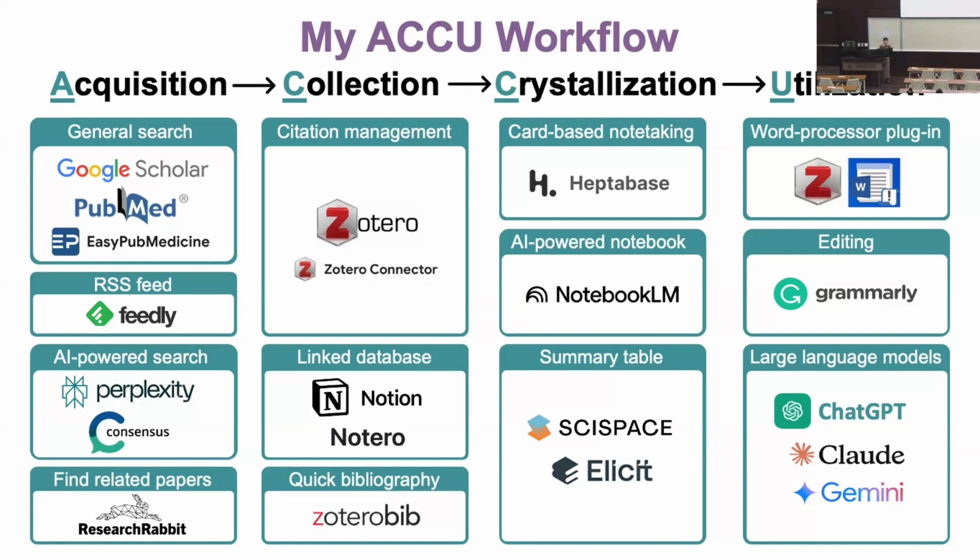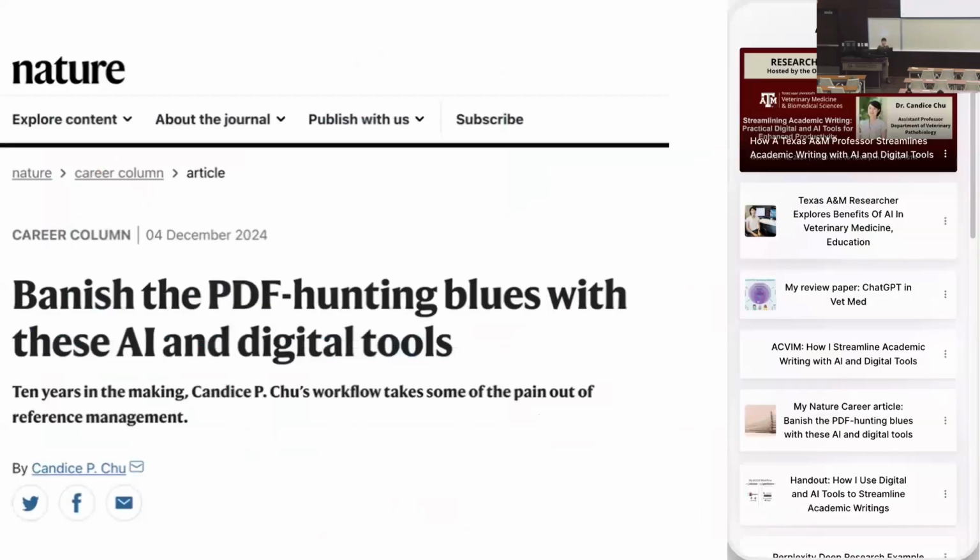So you start from the acquisition of references, and then you move on to how you organize them in your collection, and also using some note-taking tools to help you understand the content. And then later I talk about how to incorporate that into academic writing. So that would be the talk that's already available on YouTube. And it's essentially a video version of this article that I published in the Nature Careers column a couple of months ago. And that's also available here.